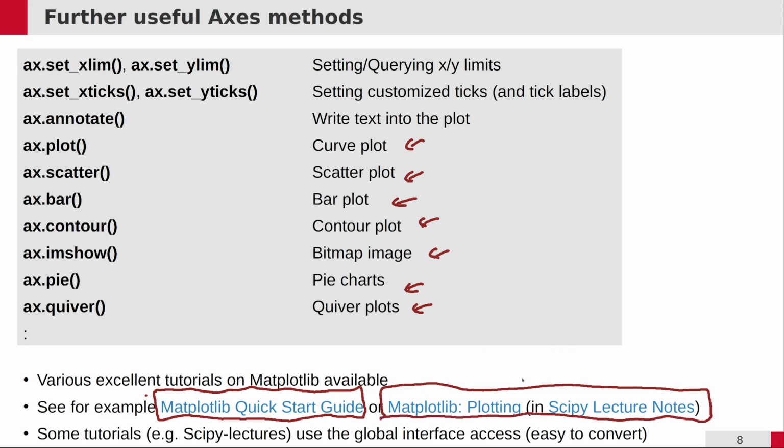I have also linked it here from the slides. In this tutorial they are using the global interface, the global variables, but you can either use that one as in the tutorial, or you can easily convert it. So with that, I'm finished, and I'm wishing you a lot of fun with the Matplotlib Quick Start Guide.